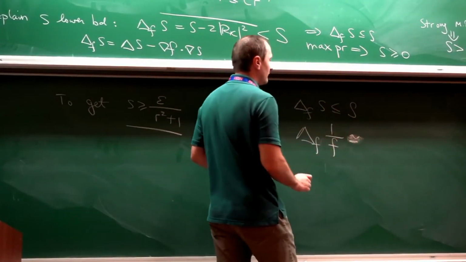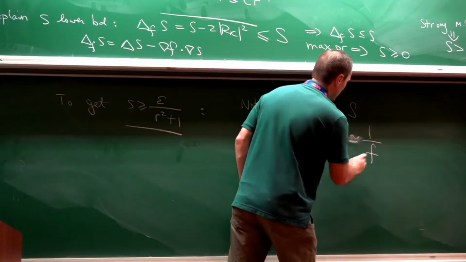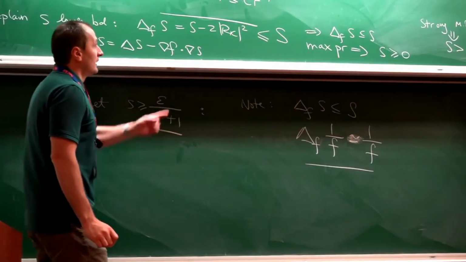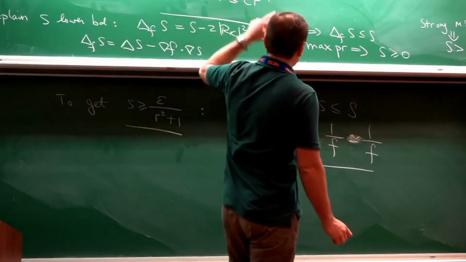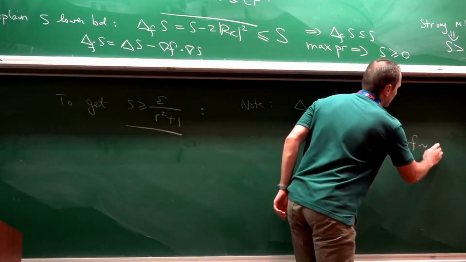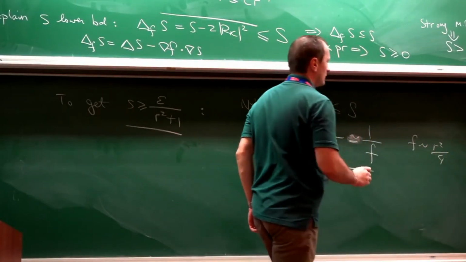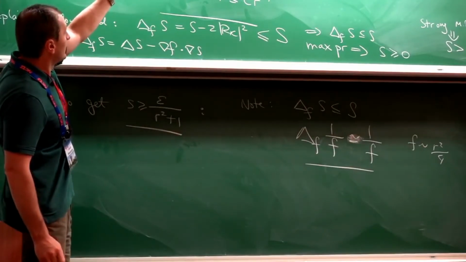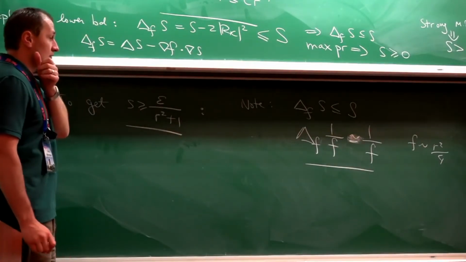So I'm going to be vague here. There are some error terms, but it's almost like 1 over F. And we know from the second identity that F behaves like distance squared. So that's exactly the kind of behavior I'm interested in for the scalar lower bound.